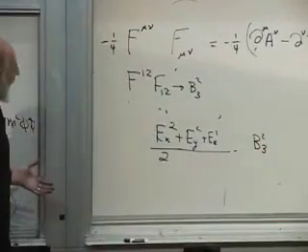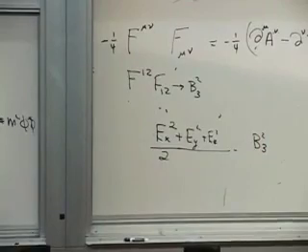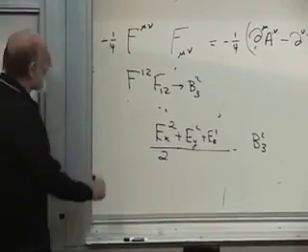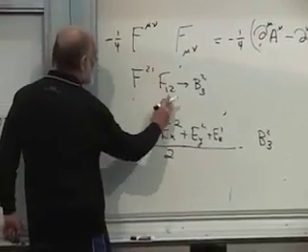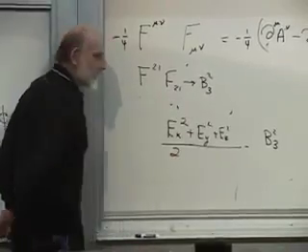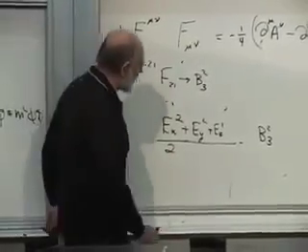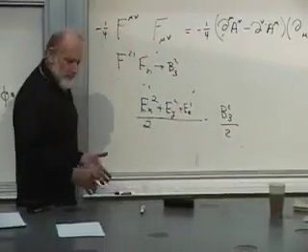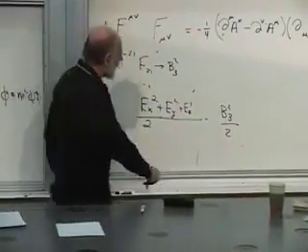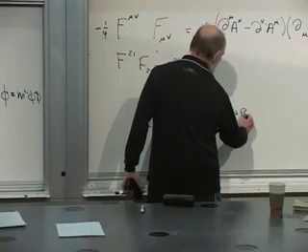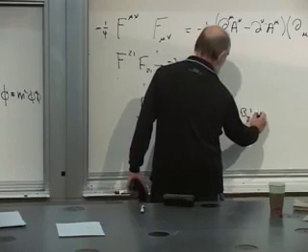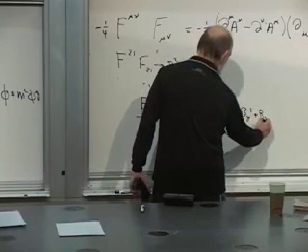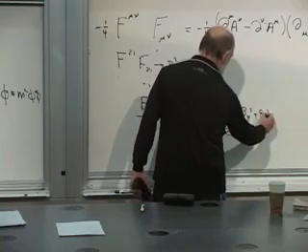Well, why is it minus a half and not minus a quarter? Because there's another term which is F21 F21, exactly the same. So it's B3 squared divided by 2, plus BX squared plus BY squared plus BZ squared.